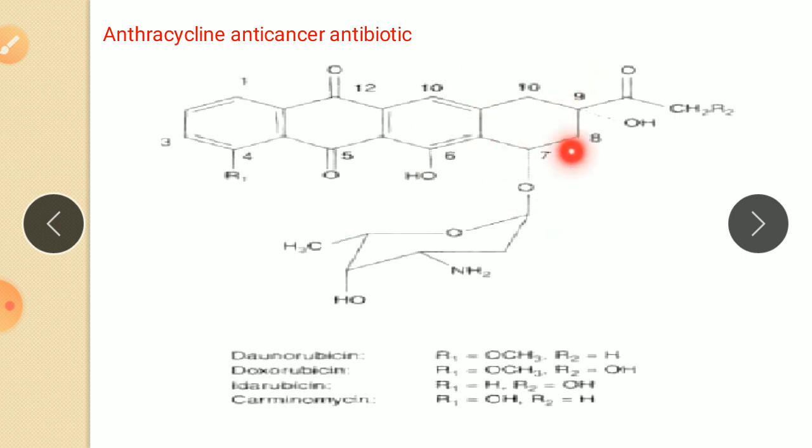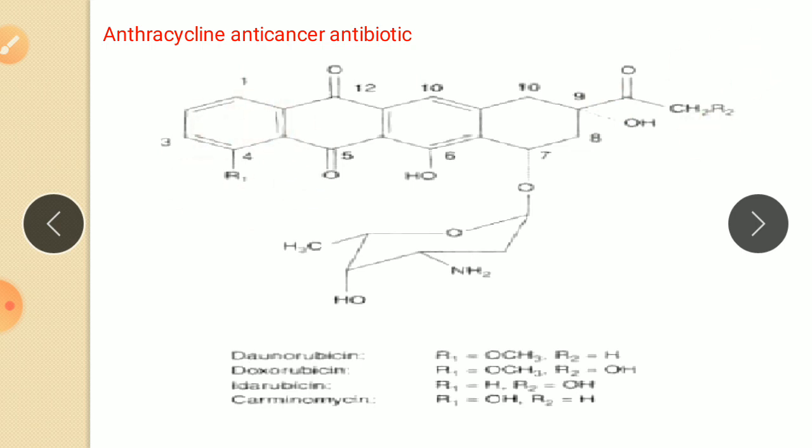This is ring A, this one is ring B, this one is ring C, and this one is ring D. Here there are four examples of anthracycline: daunorubicin, doxorubicin, idarubicin and carminomycin. The difference is the substituents R1 and R2.